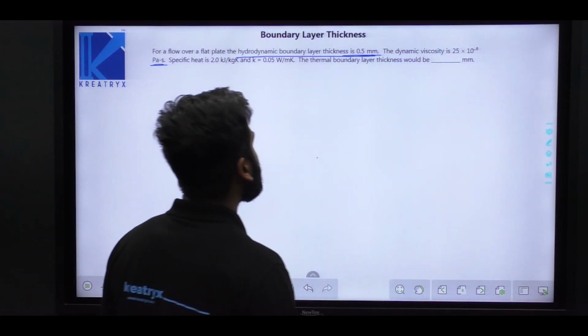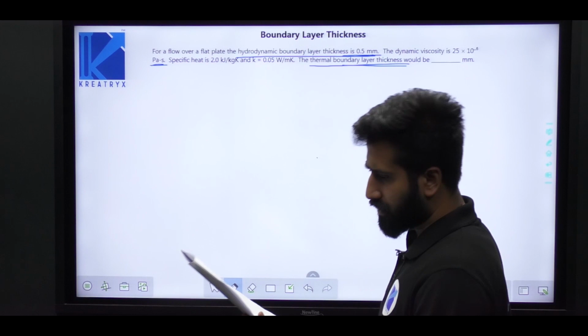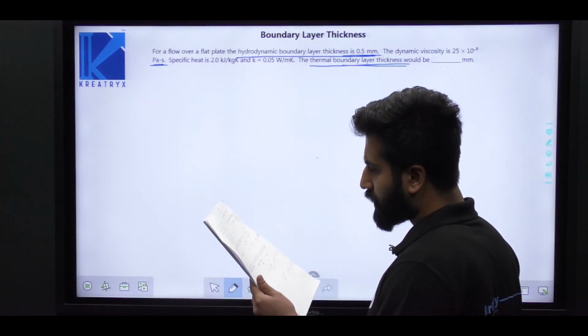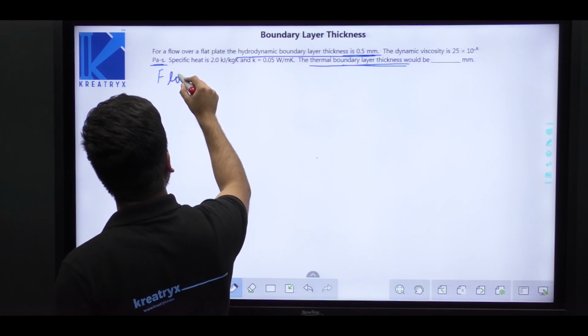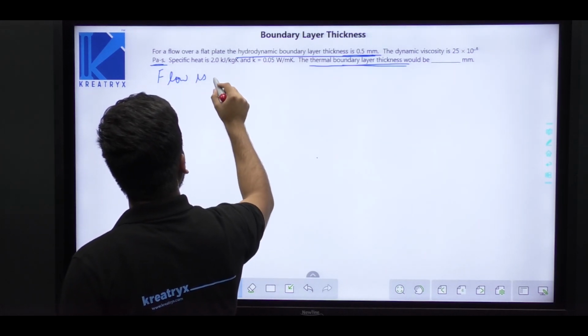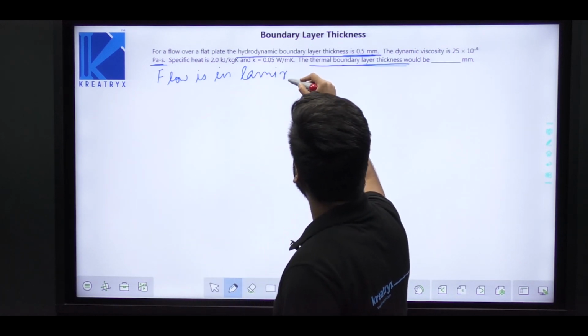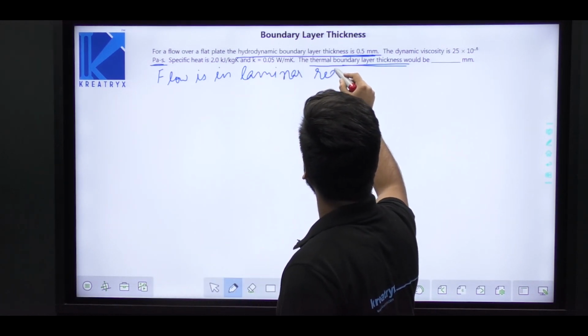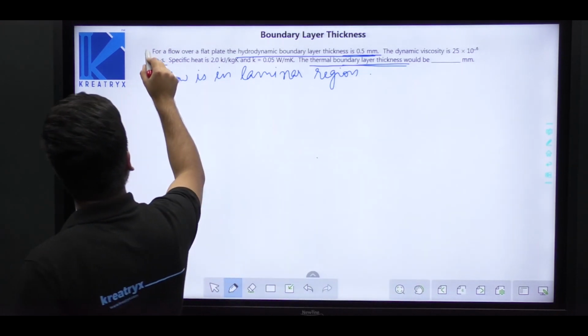The thermal boundary layer thickness would be, nothing is given over the flow. Flow is in laminar region. Oh, the line is missing. Add this in the question: the flow is in laminar region.